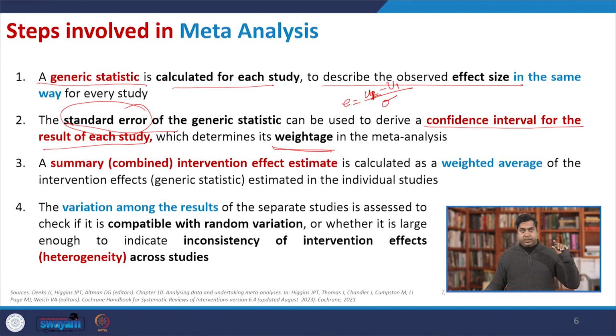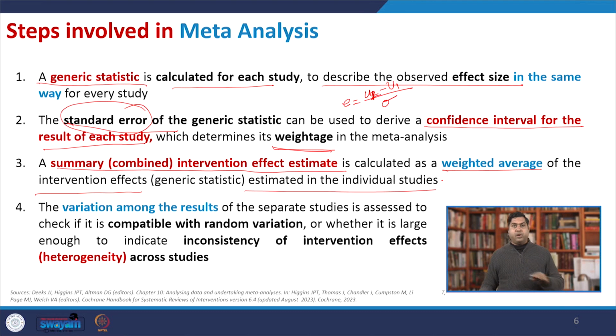After that, a summary combined intervention effect estimate is calculated as a weighted average of the intervention effects estimated in the individual studies. So we go for a weighted average for calculating the intervention effects through the generic statistics for each of the studies.